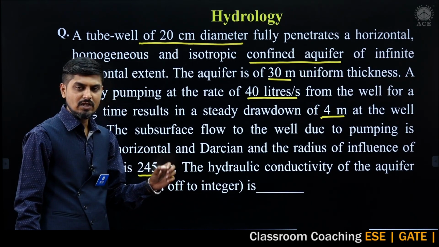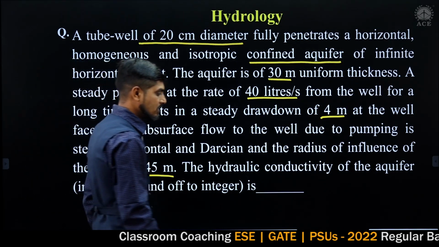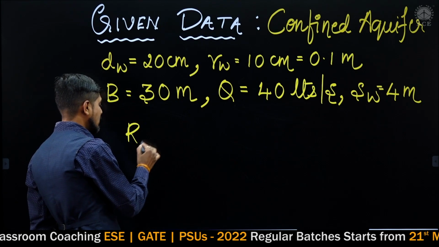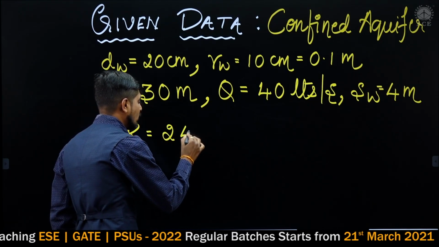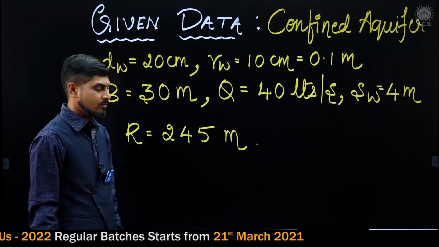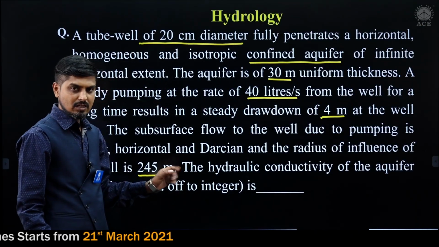So the radius of influence, capital R value, is given as 245 meter. Over. So this is the given data.